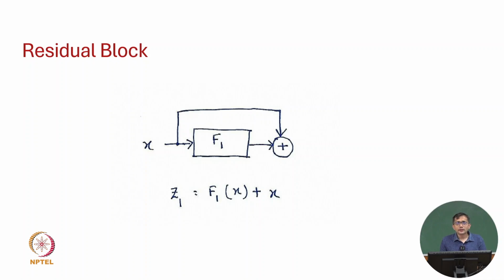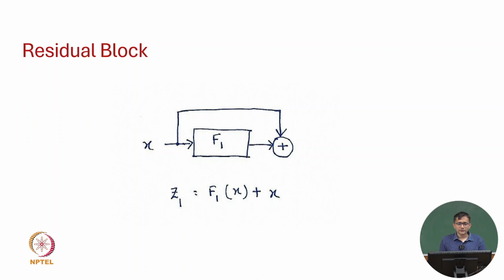Even today, in many practical applications, the architecture of choice is ResNet. And more importantly, even if we are not using ResNet as such, this particular skip connection that we are seeing here is also used in many other architectures that were developed later.